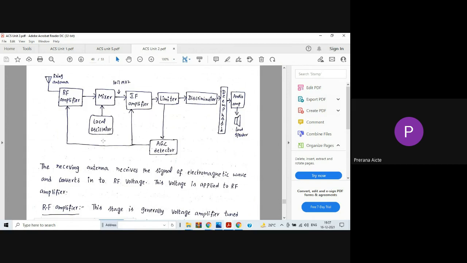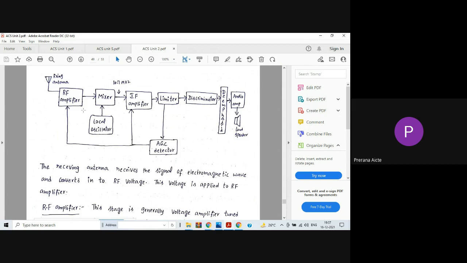We said a radio receiver is able to capture the incoming signal, select the desired signal, reject the unwanted signal, then amplify the signal, demodulate it, and again amplify the message signal. First the receiving antenna receives the electromagnetic wave and converts it into RF voltage.